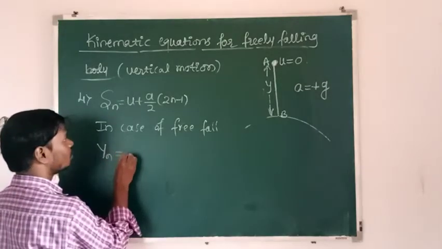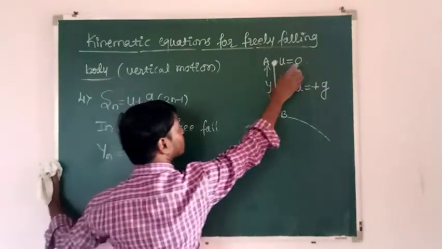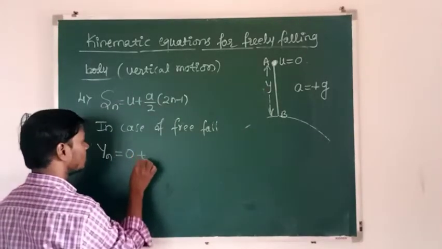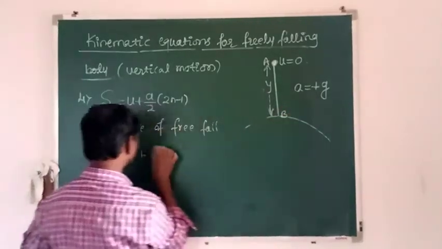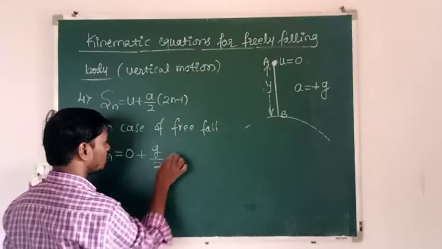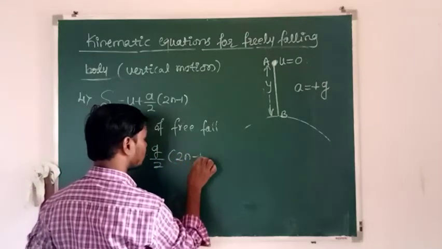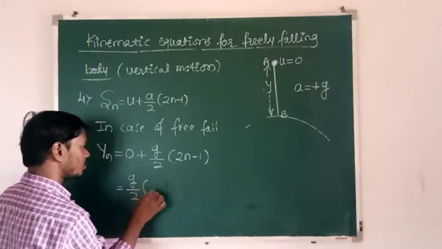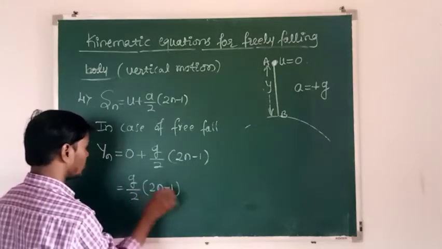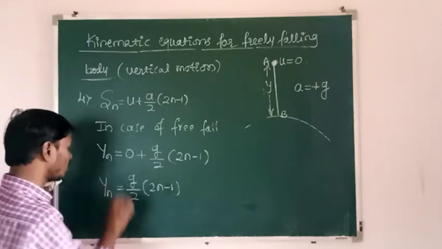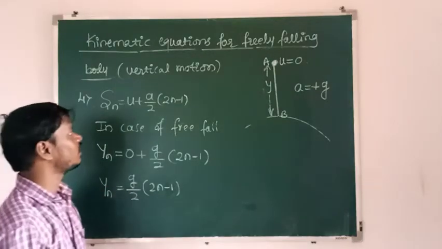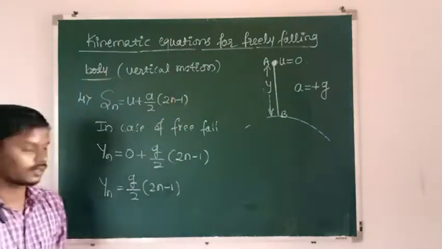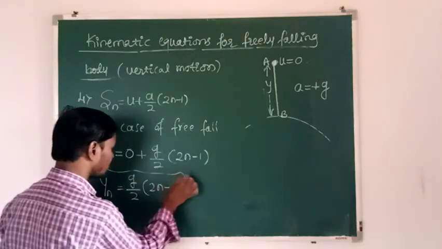Then yn is equal to initial velocity of the object, which is 0, plus a can be replaced by g, then it is g by 2 into 2n minus 1. Then it is the distance traveled by the object in the nth second in vertically downward motion.